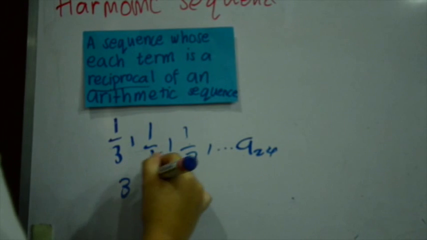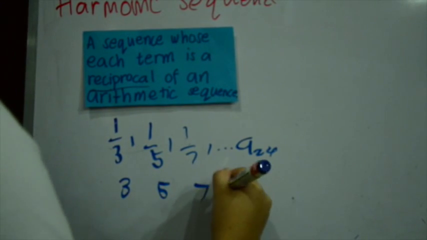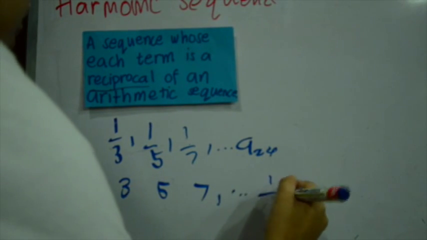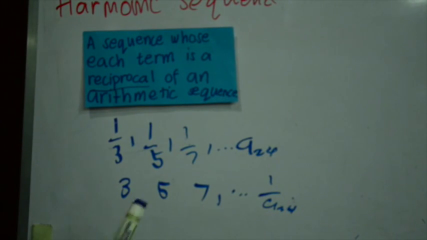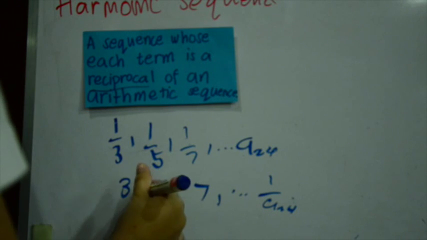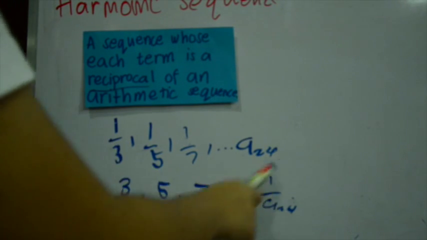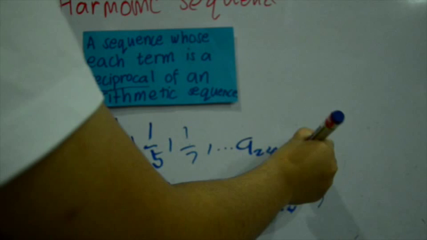So it will be equal to 3, 5, and 7 up until 1 all over a sub 24. Now, we're going to compute the 24th term of the following sequence and then get its reciprocal to transform it here.